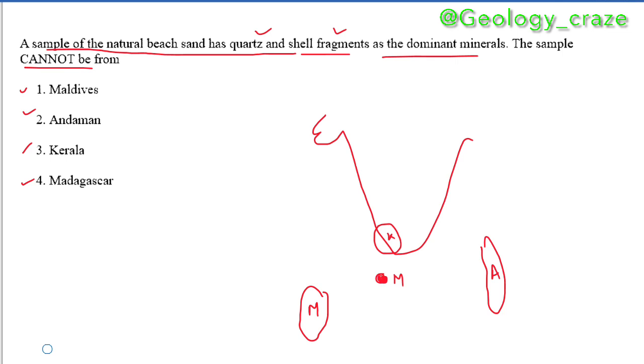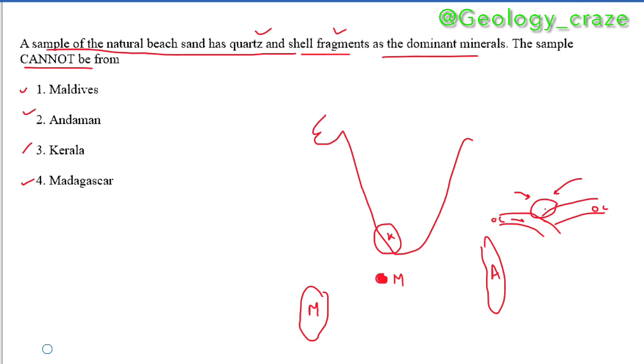One thing to remember: these Andaman Nicobar Islands are formed due to collision. One plate is going beneath the other, and both plates are oceanic. When this plate goes beneath the other, lower density plate, they form a trench, and in this trench we are getting sediments from the nearby continent.